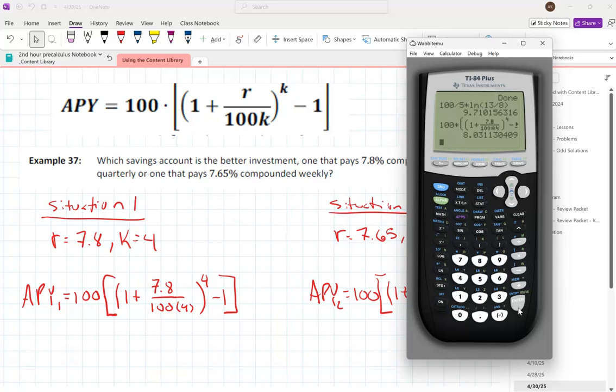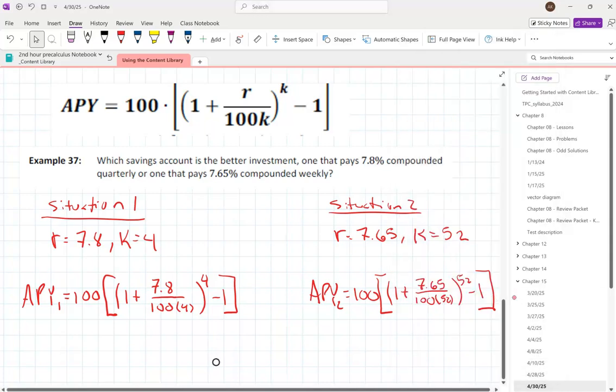So there's my first APY, about 8.03. And there's my second APY, about 7.94.